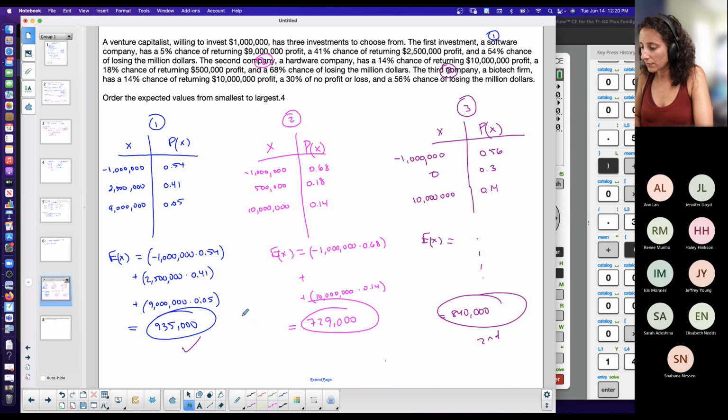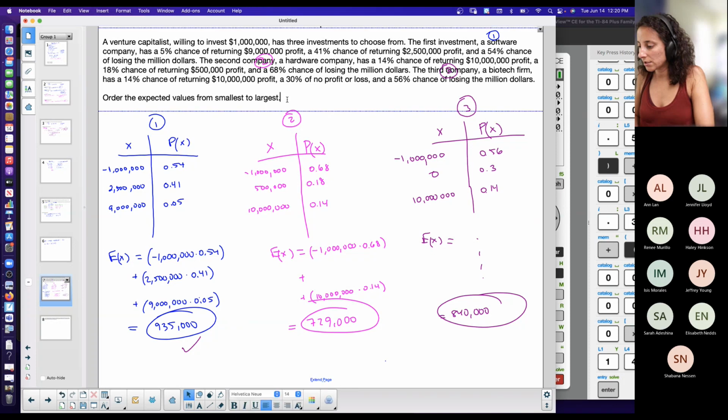First, third, and then second. Yeah, you know what I meant. Oh, from smallest to largest. Hold on a second. Make sure that, here we go. I'm like, which is the best one? The first one's the best one, but order from smallest to largest, okay?